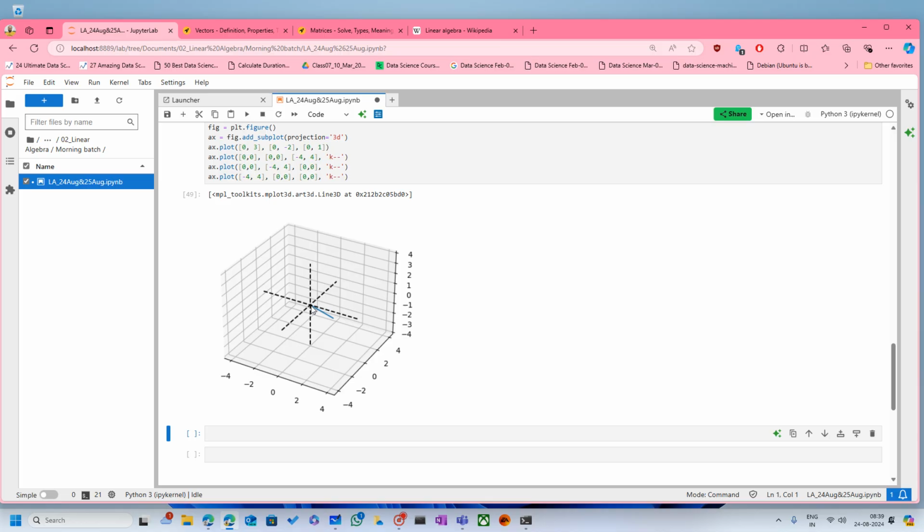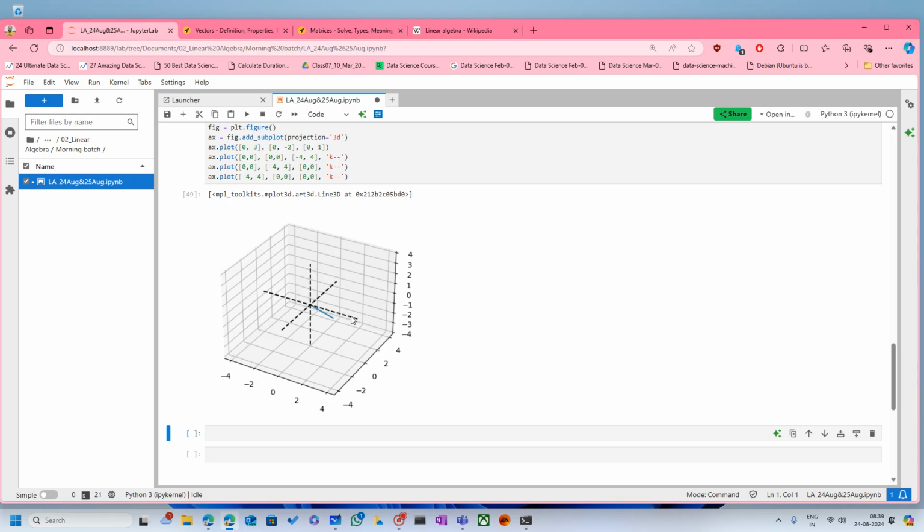Your vector looks like this. It's starting from 0 comma 0 comma 0, which is at this point, and it's going up to the value of 3 along the x-axis.